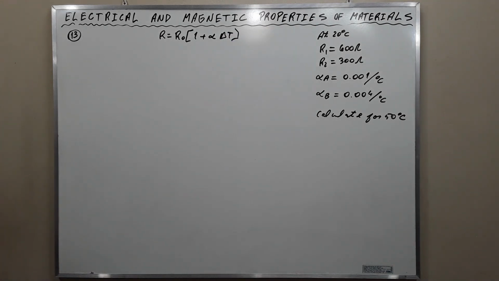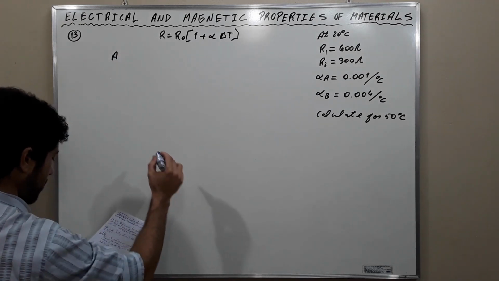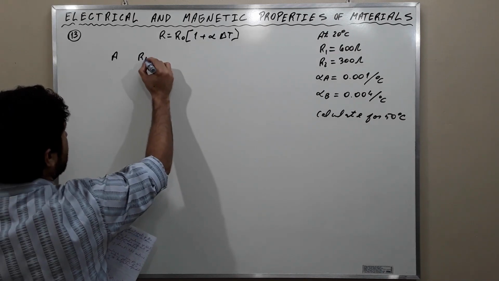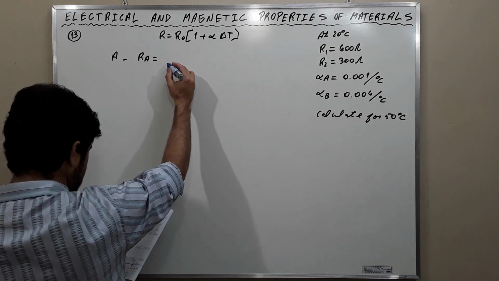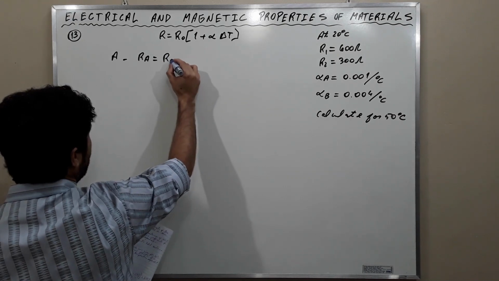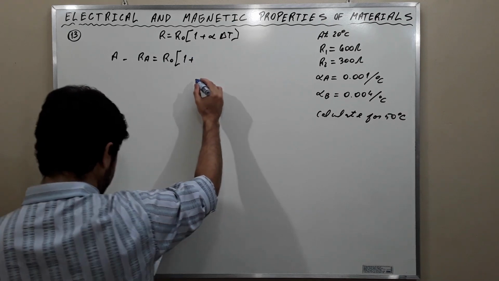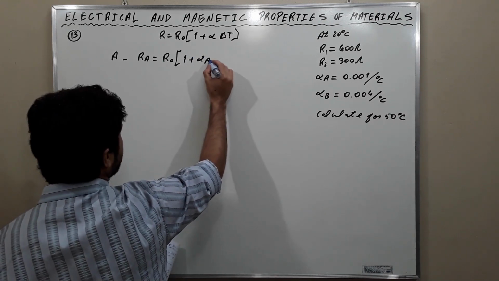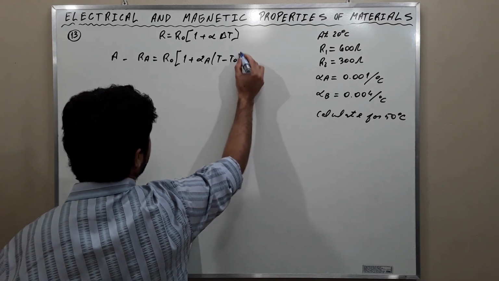This is the expression that we are going to use for wire A. RA is equal to R0 times 1 plus alpha A times T minus T0.